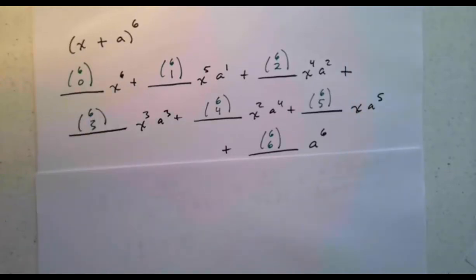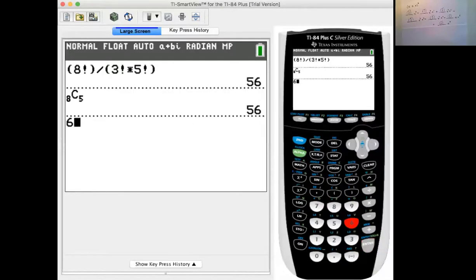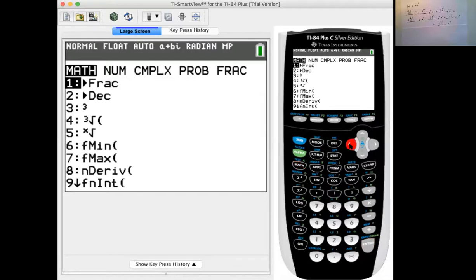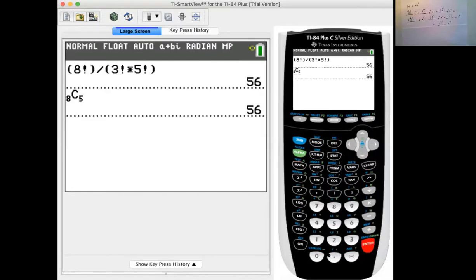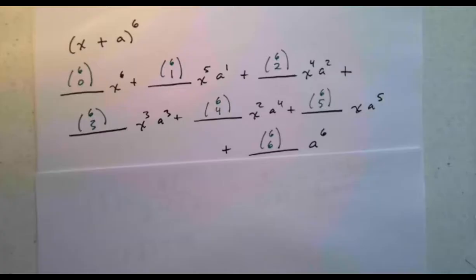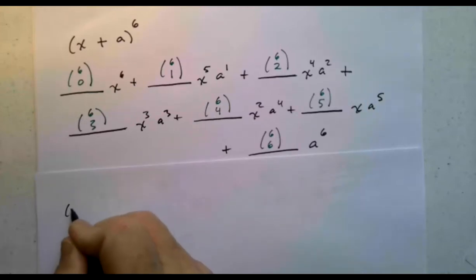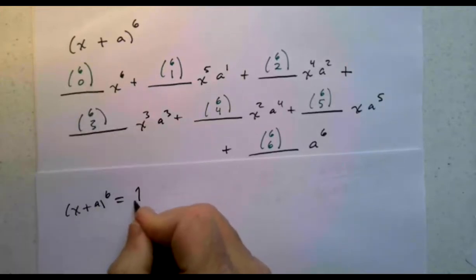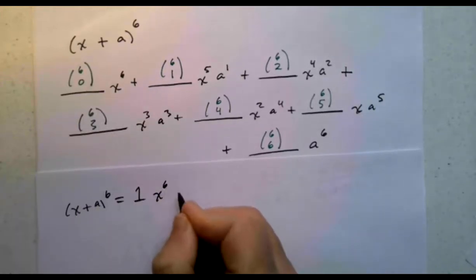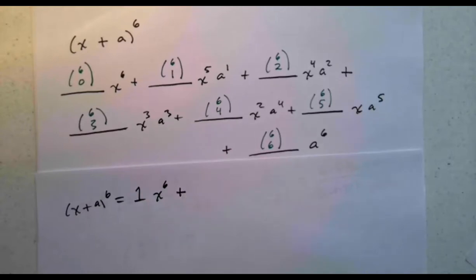What is 6 choose 0? 6 math choose 0. 6 choose 0 is 1. Again, that's the first number in our Pascal's triangle. So we're going to say x plus a to the sixth. 6 choose 0 is 1, x to the sixth, plus 6 choose 1.